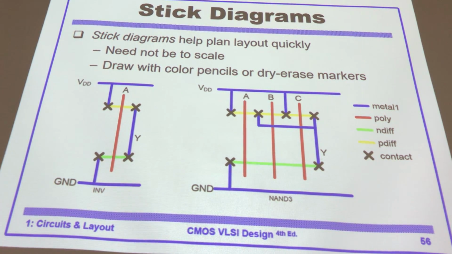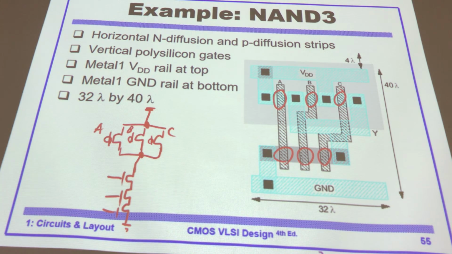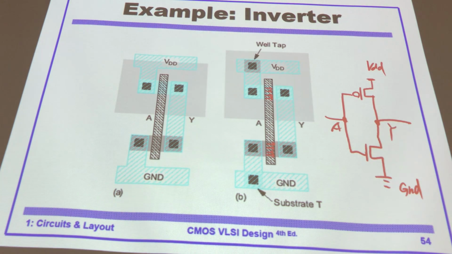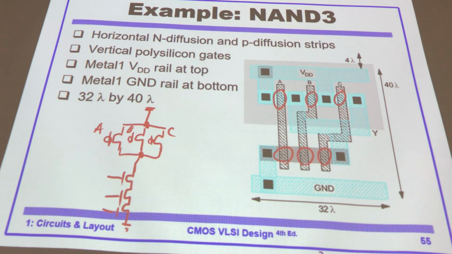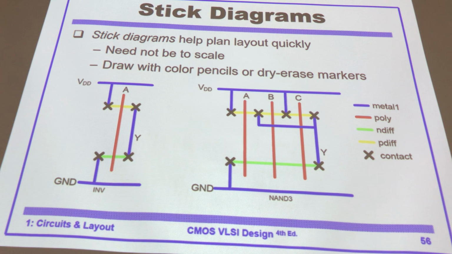It simply gives you the connection roughly. So this is the inverter. PMOS transistor, NMOS transistor. The VDD, ground, the metal, the polysilicon, right? The circuit of this one. They are the same circuit, but in a simplified form.